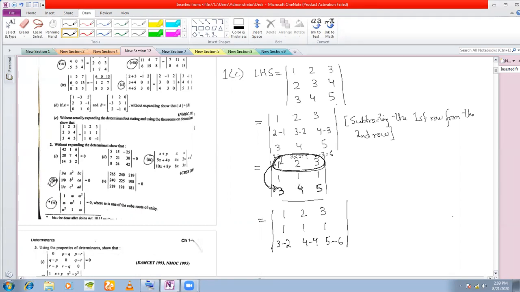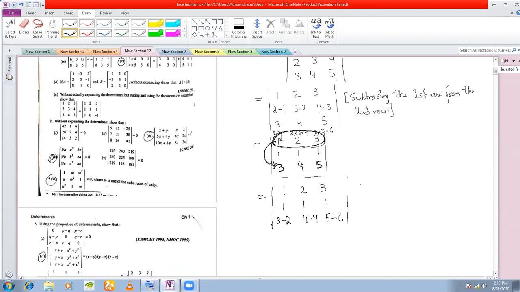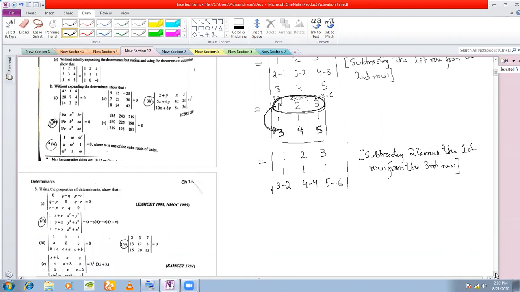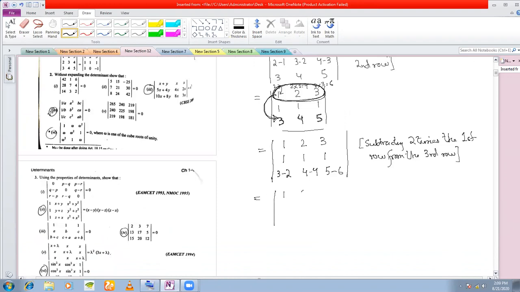So you'll write here: subtracting 2 times the first row from the third row, and therefore I've got 1, 2, 3, 1, 1, 1, 0, minus 1. I will rejoin. Fine. You come back after 2 minutes.